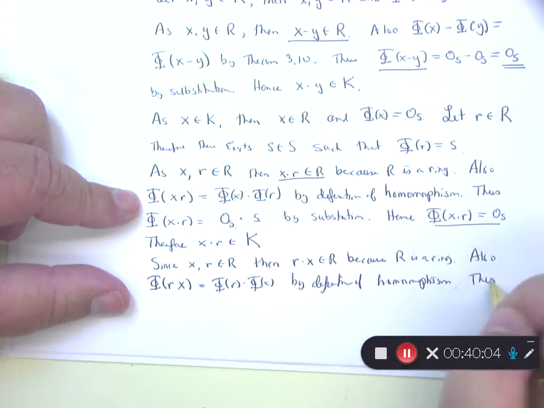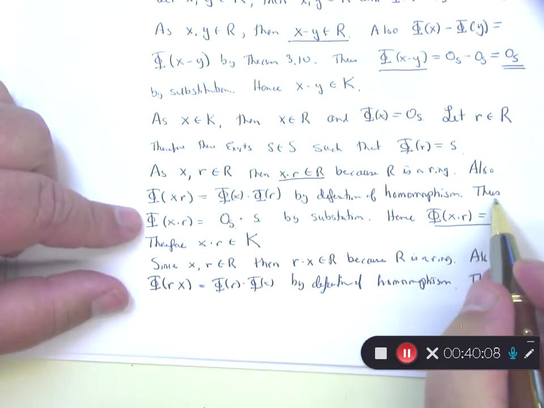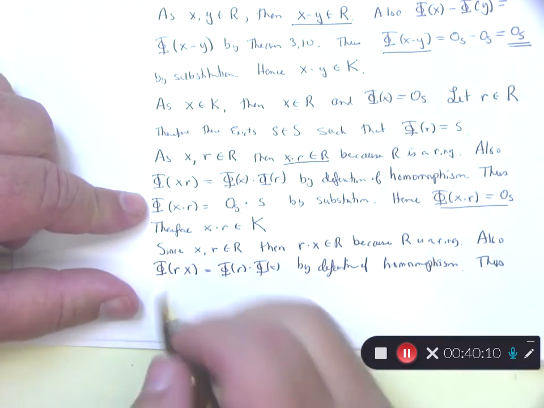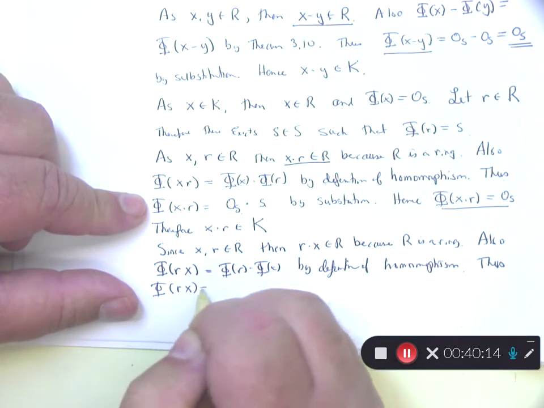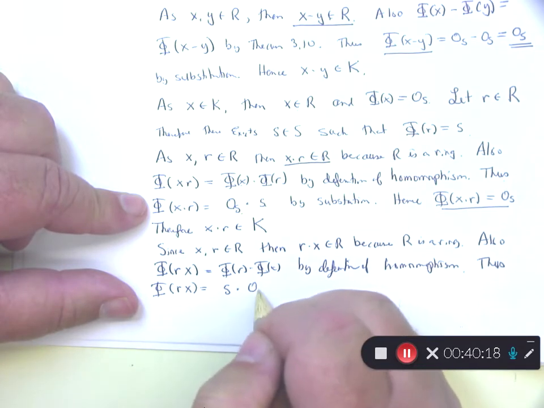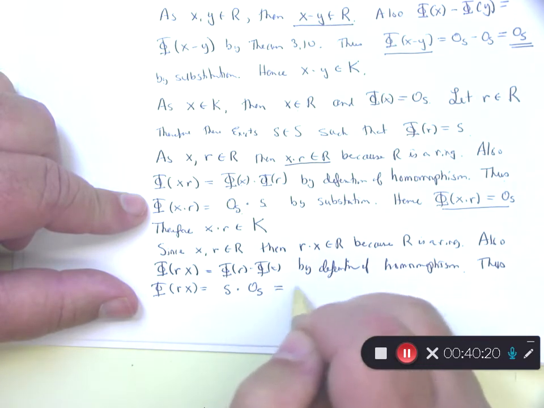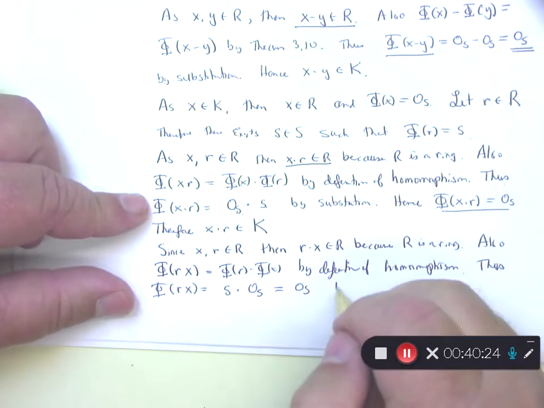Thus, I'm using the same words. Why? Because I'm math. Why do I want to change my words that were perfect to begin with? Thus, phi of, right order, r times x would be equal to s, but right order, times 0 in S, which is equal to 0 in S. I'll write it this way this time, by substitution.